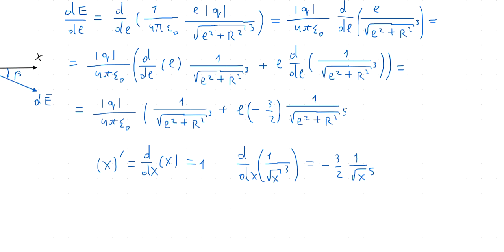Exponent will be 5, and now in the argument we also have a function of L. So we have to multiply this by the derivative of L to the power of 2 plus R to the power of 2. Okay, so do you have any questions?